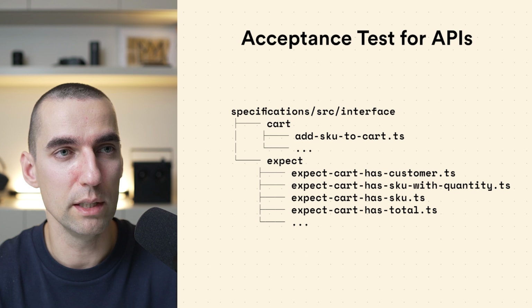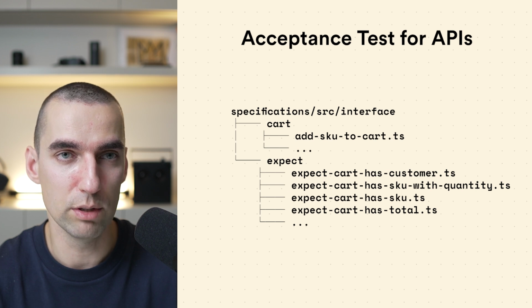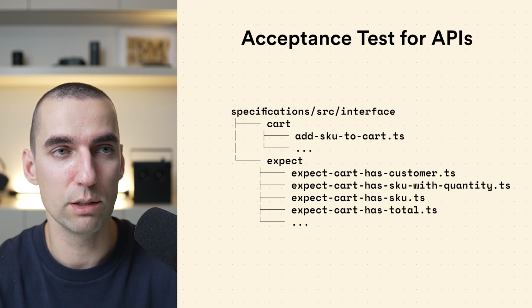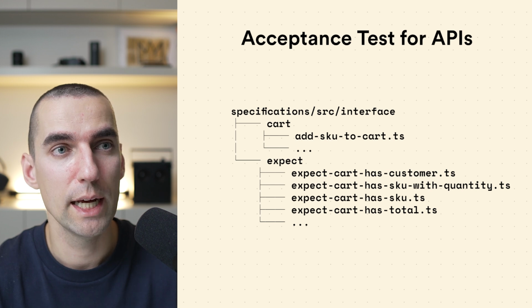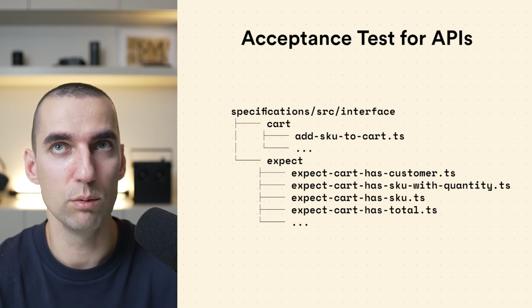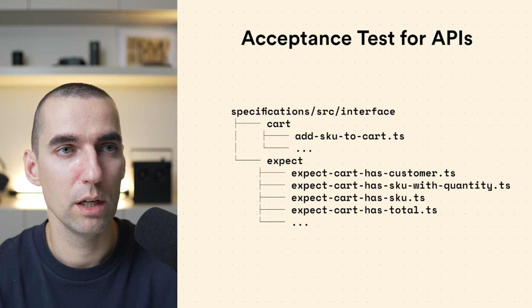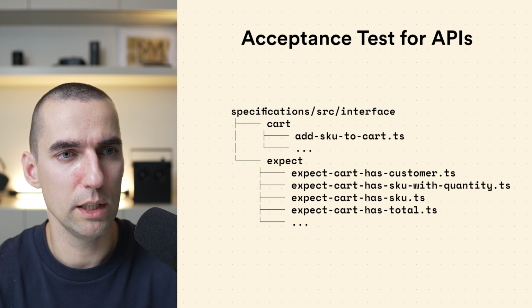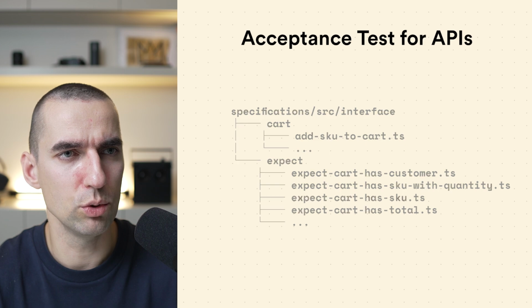We decided to split the interface into 2 categories. One is related to actions, and the other one is related to expects. So expects is a way to validate the result in Jest and TypeScript. So for example, here we have an interface for add SKU to cart.